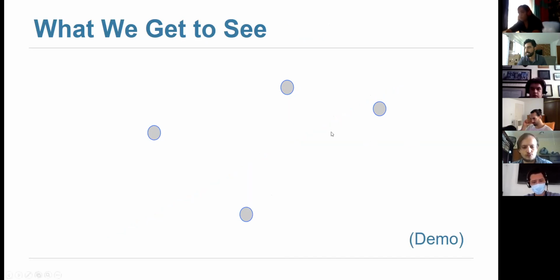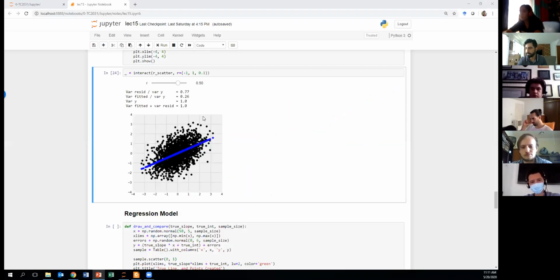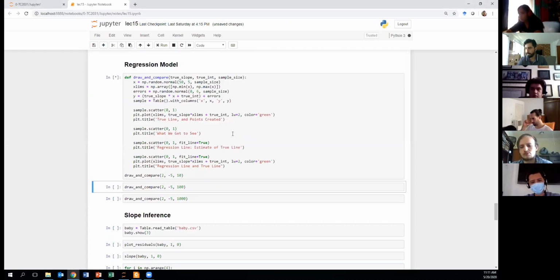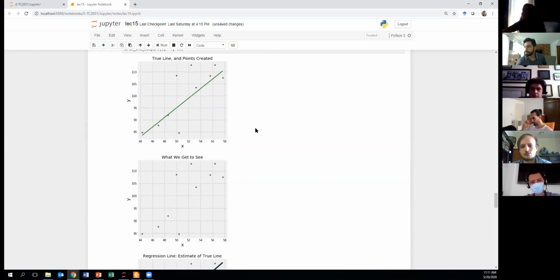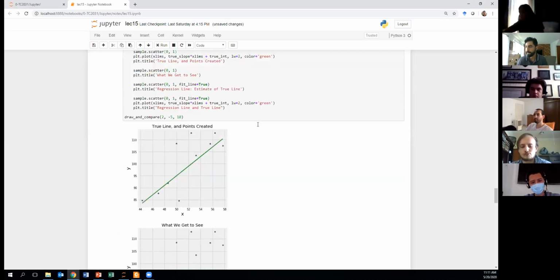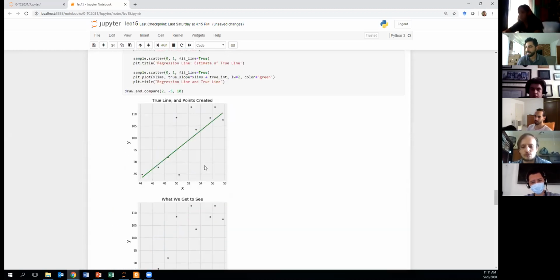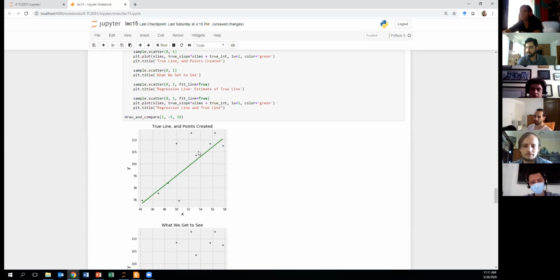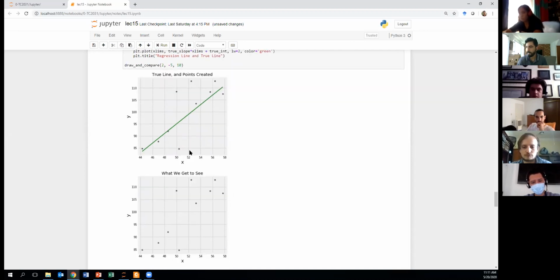So let me tell you what I want to highlight with this. Imagine this scatter plot. This is the actual line fitted to this scatter plot. I draw my scatter plot, I draw the line.